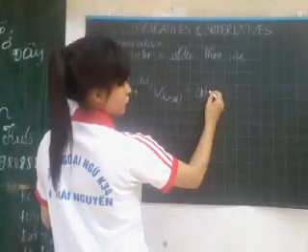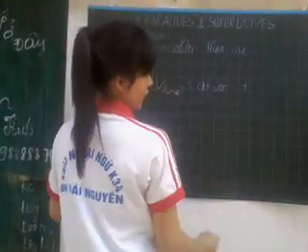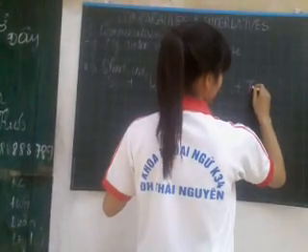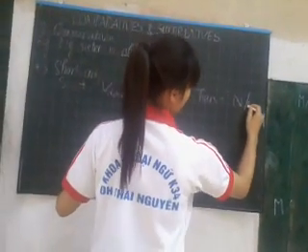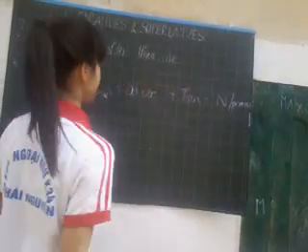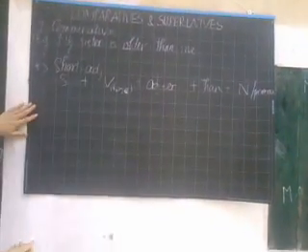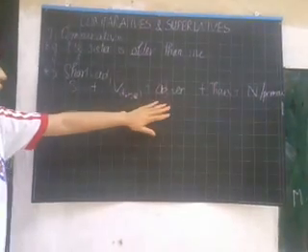With adjectives we have to add er, then than, then noun or pronoun. Look at the box. This is a form of comparative.